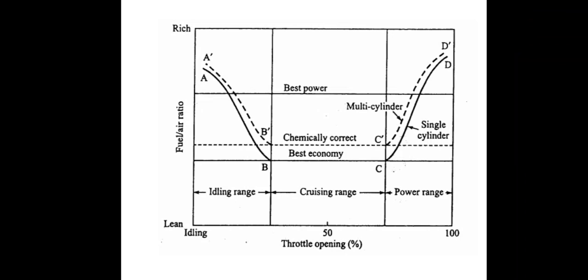The presence of exhaust gas reduces the intimate contact of fuel and air particles, resulting in poor combustion and thus causing power loss. It is therefore necessary to provide more fuel particles for enriching the charge. This increases the probability of contact of fuel and air particles and thus improves the combustion.